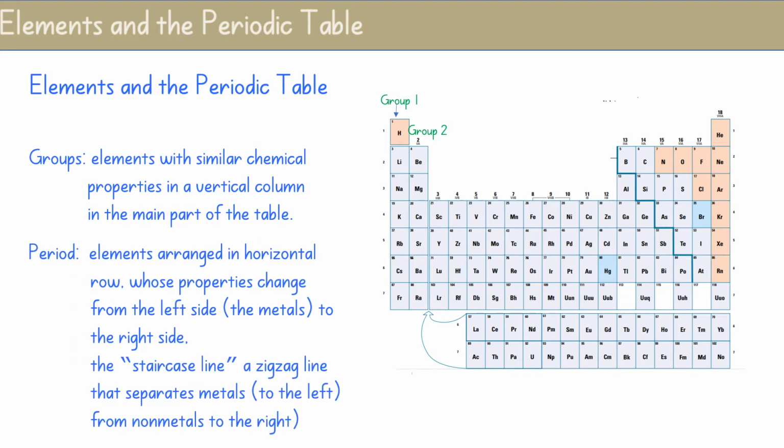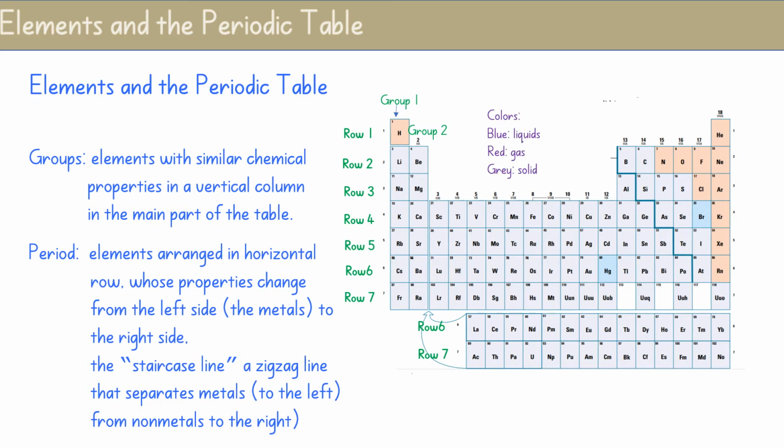The staircase line, a zigzag line, separates metals to the left from nonmetals to the right. You'll notice at the bottom that rows 6 and 7 show an arrow, and that would really be inserted into the periodic table, but for purposes of properties, they're shown at the bottom.